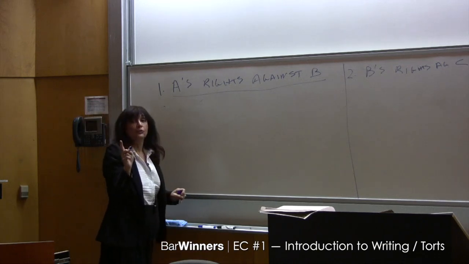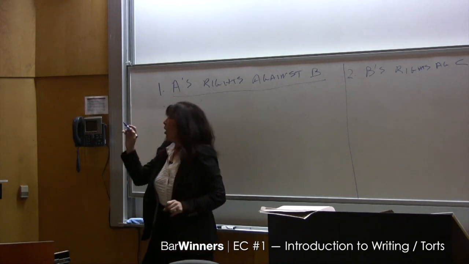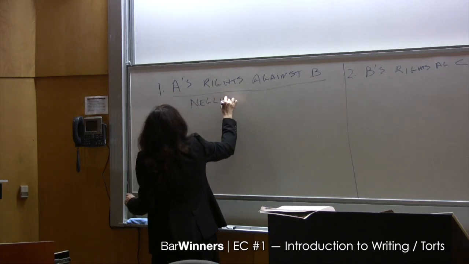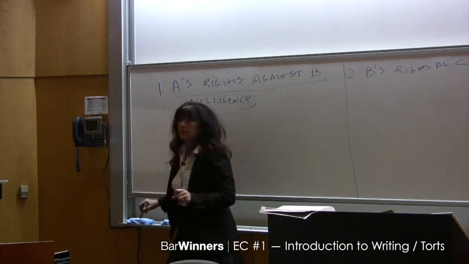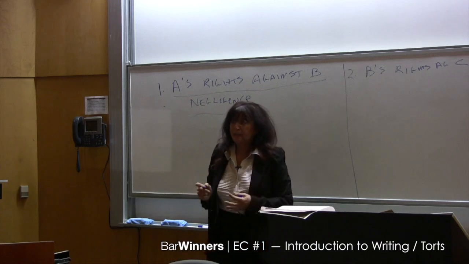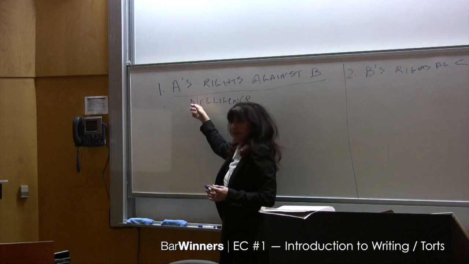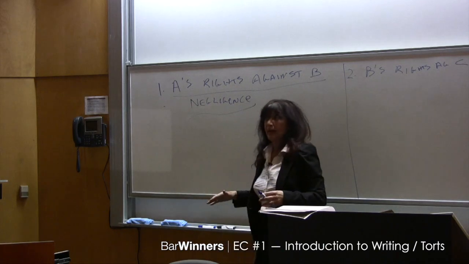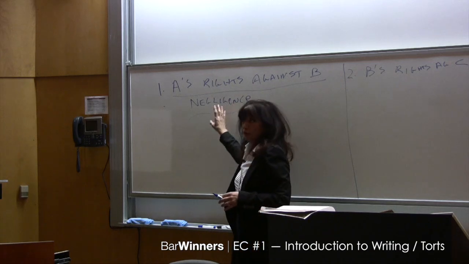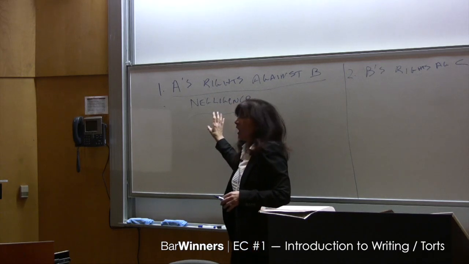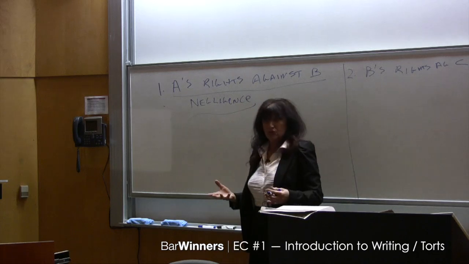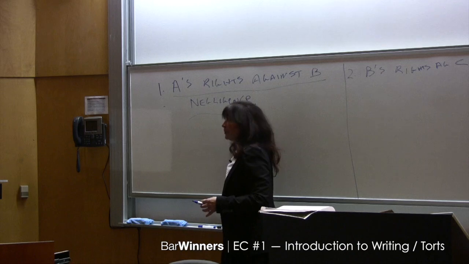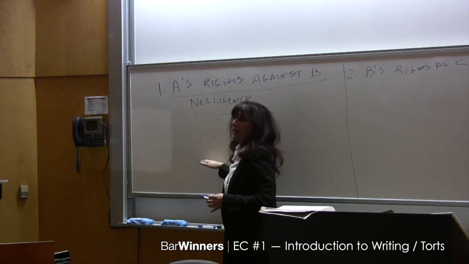Now, always head note your issue. If the first issue is negligence, you're going to type it. Are all of you laptoping? If you are laptoping, you're going to have this as a heading. You're going to skip a line under this heading. If you're handwriting, you're going to print, center, and underline this on your exam. I don't mind if you don't center it if you're laptoping, but I want this typed out, I want it underlined, and I want air, space.